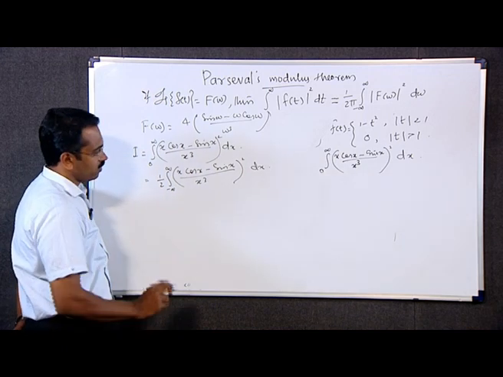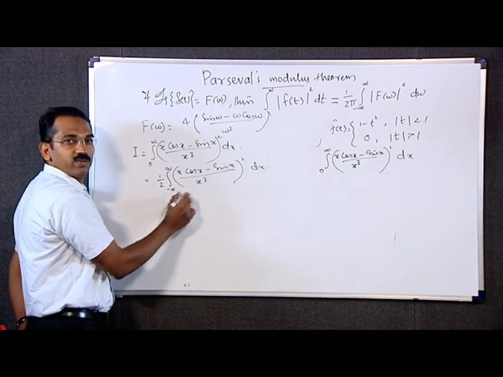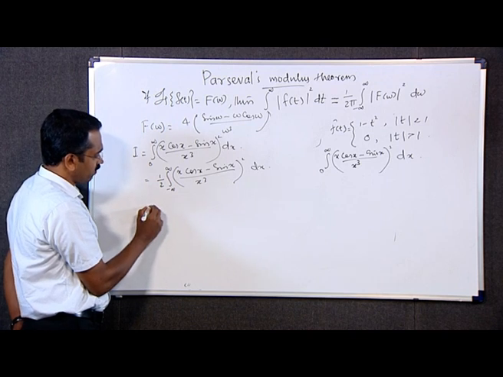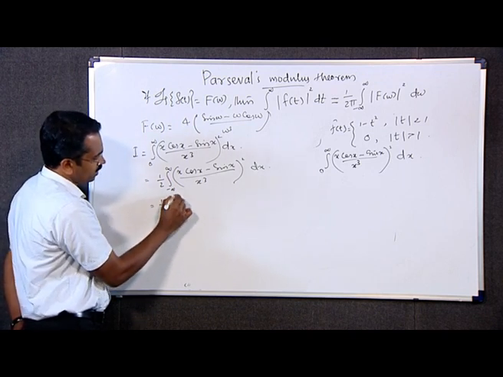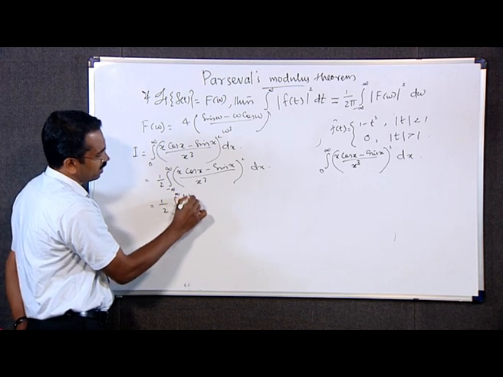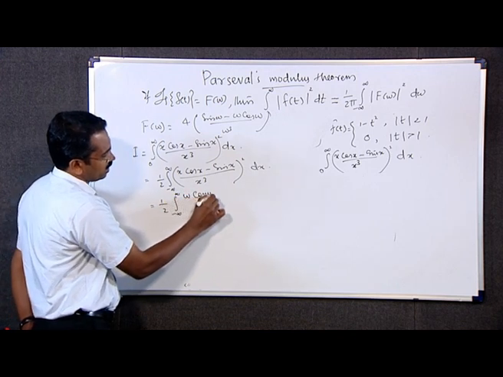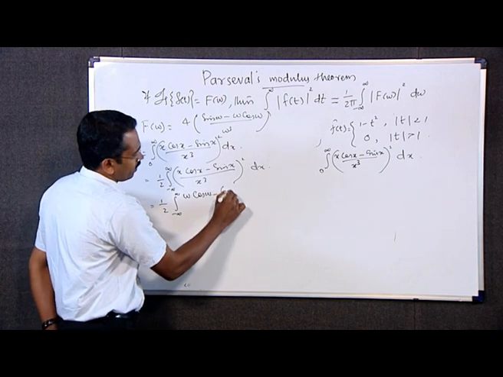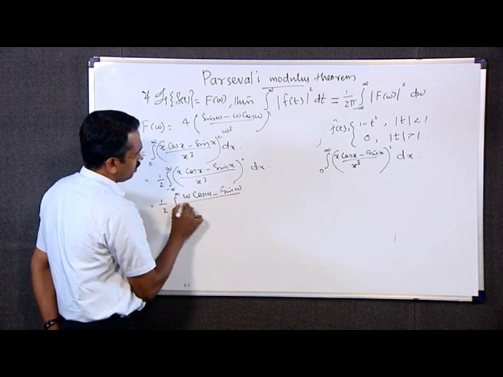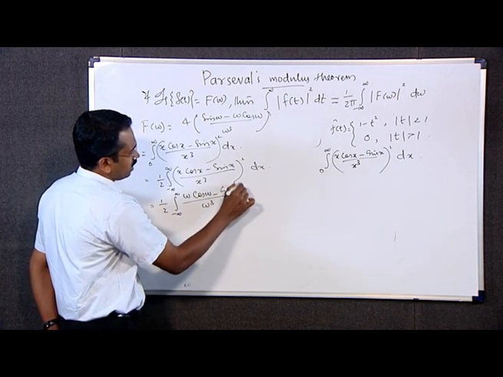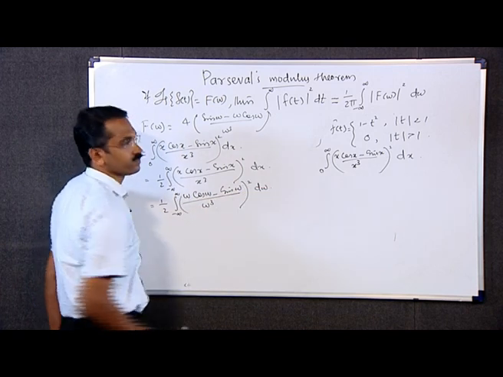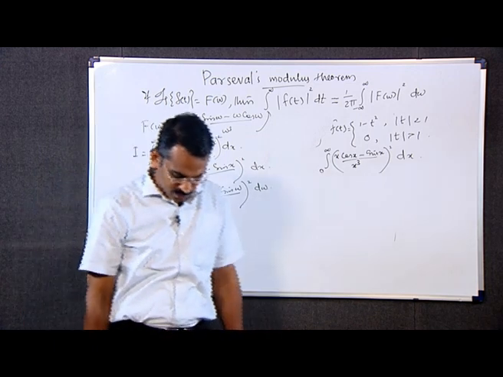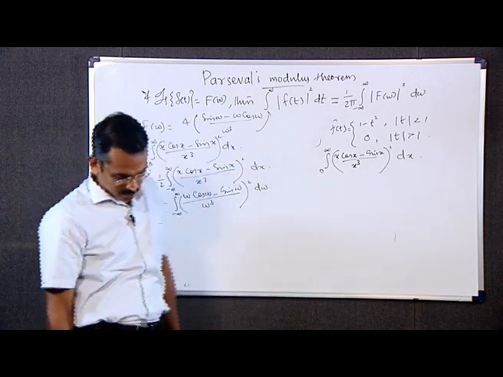Now, we change the dummy variable x into omega. We can write this as 1 by 2 into integral from minus infinity to infinity of (omega cos omega minus sin omega) divided by omega cube, the whole square, d omega, by changing the variable x into omega.